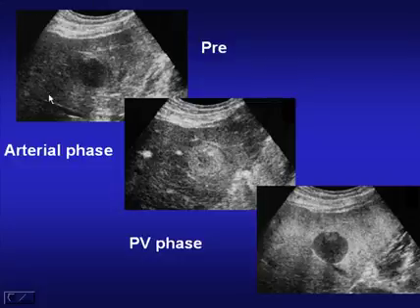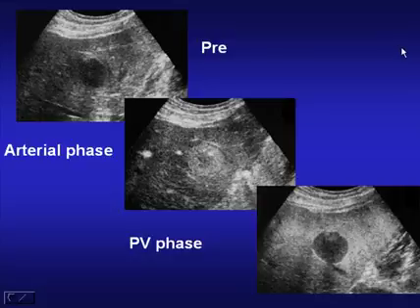And here we can see the same sequence again with the conventional B-mode image before contrast injection, strong arterial phase enhancement, here with some central necrosis, and here you can see what is called early washout, where in the portal venous phase, at about 60 seconds after the intravenous injection, we have relatively poor enhancement of the tumor with strong enhancement of the surrounding normal liver parenchyma.